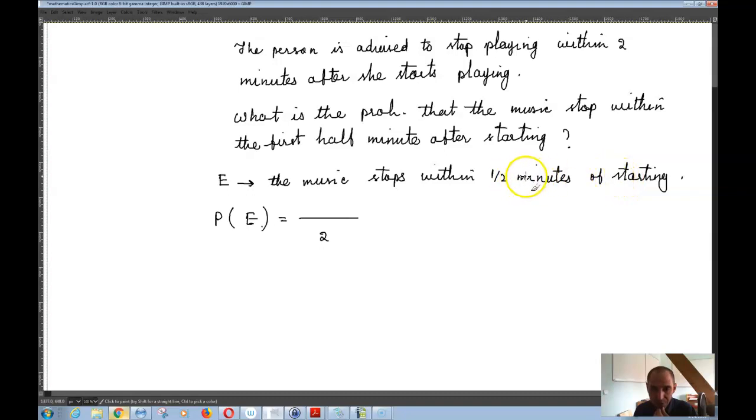So if you take this as 0 minutes, 1 minute, and 2 minutes, this is 2 minutes, so half a minute would be over here.